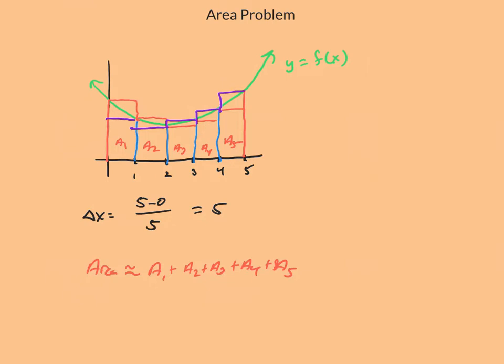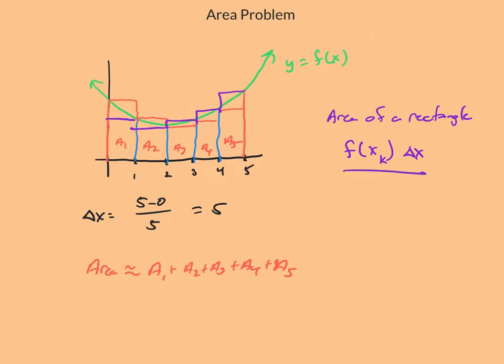The end result is, what I want you to recognize is that the area of a rectangle is going to be equal to the function's value at some particular x value, call it x sub k, times delta x. That's the height of the rectangle, times delta x, which represents the length of the base.